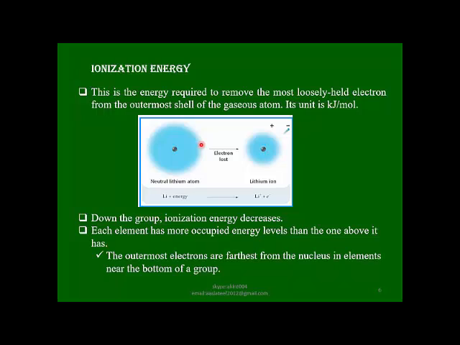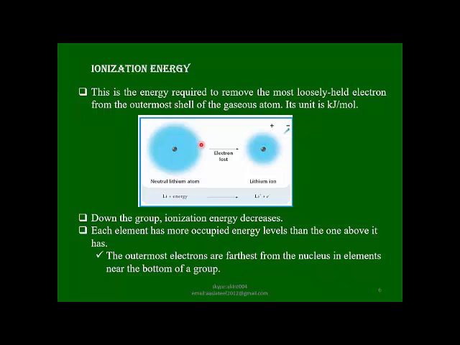So now down the group, what did we study down the group? We were made to realize that down each group, the elements have the same number of outermost electrons. If it is group 1, let's consider group 1 now, they have the same outer electron, that is 1.